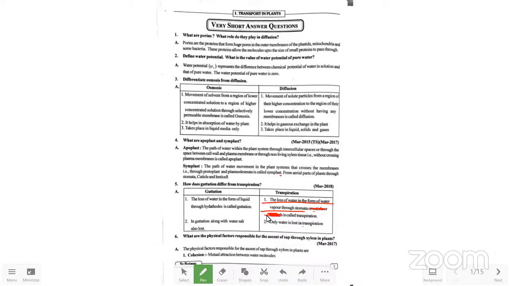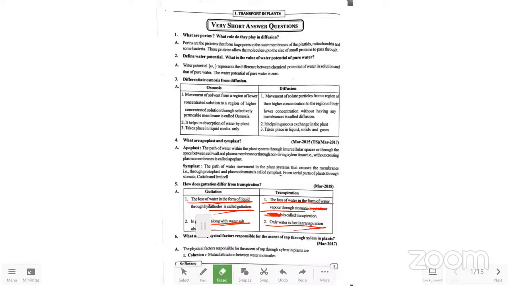That is called transpiration. And guttation means loss of water in the form of liquid through hydathodes. Whenever water is lost through guttation, it is along with the salts and minerals. Through transpiration, only water is lost from the plant body.